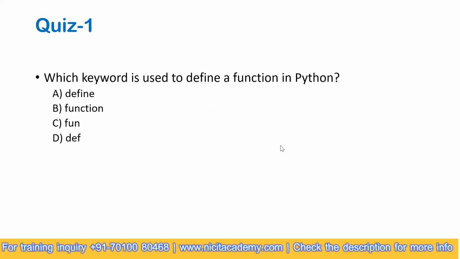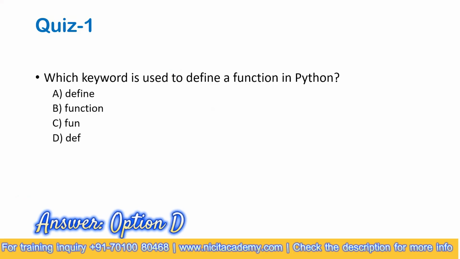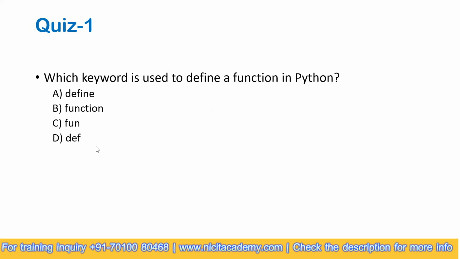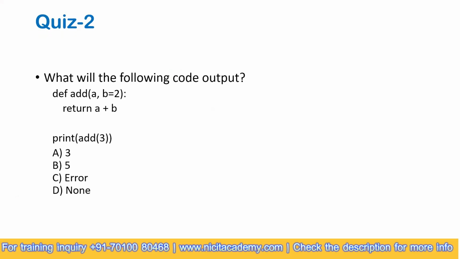So now we are going to start with the quiz. So the first question is, which keyword is used to define a function in Python? So here we have 4 options. So which one is the correct here is D. We use def keyword to define a function in Python. Next is, what will be the output of the following code?